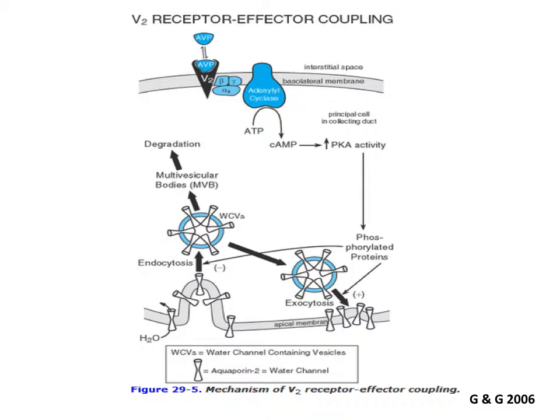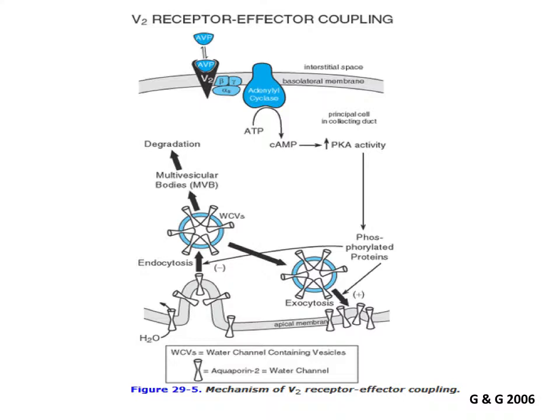Okay, so this slide shows V2 receptor activation. There we have antidiuretic hormone binding the V2 receptor that's in the collecting duct membrane, in the kidney cells, right? You get stimulation of cyclic AMP second messenger signaling, because it couples to Gs proteins. Among other things, you get increased protein kinase A activity.